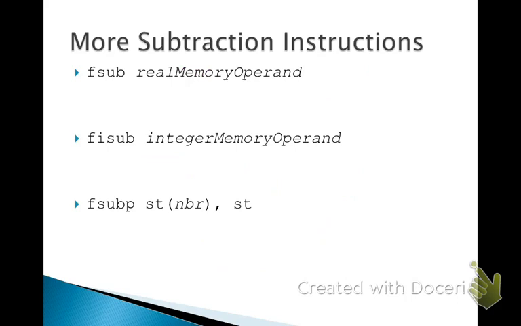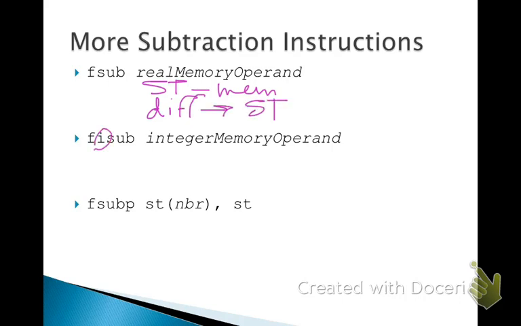Okay? So we see here that we've got the same pattern that we saw in addition. In the first case, I am going to calculate stack top minus the floating point value in memory. The difference is going to be stored on stack top.